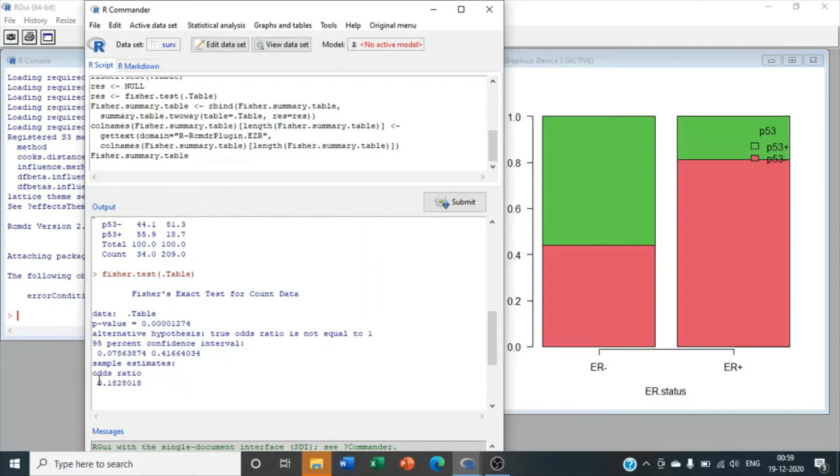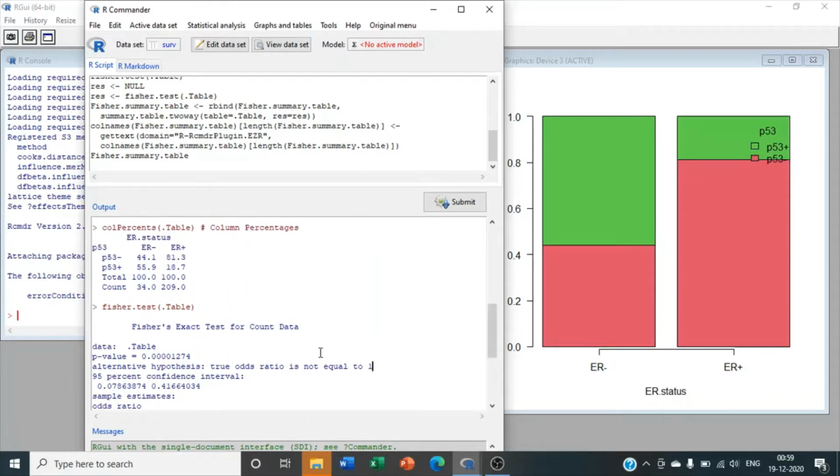Now, they have given a sample estimate, an odds ratio of 0.1828018. We have to realize what this odds ratio means. Odds ratio over here means that in this case, the odds of getting an ER positive result in P53 mutant compared with the odds of getting ER positive in P53 negative, that is P53 wild type cases, is 0.18.